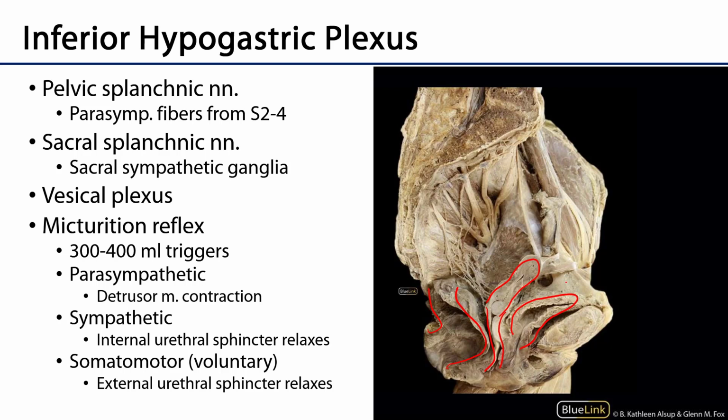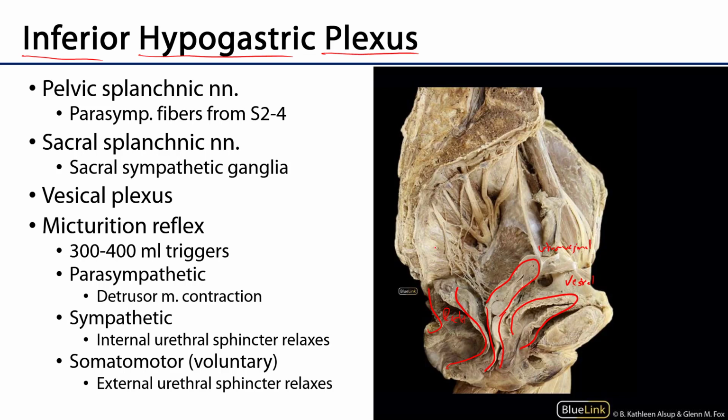So there will be a vesical plexus associated with the urinary bladder, there will be a uterovaginal plexus associated with the uterus and vagina, and there will be a rectal plexus associated with the rectum. All of those autonomic plexuses are subdivisions of the inferior hypogastric plexus.